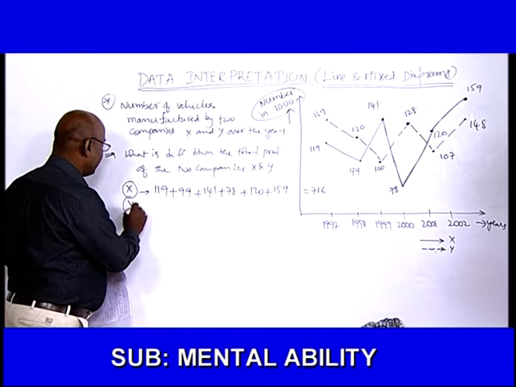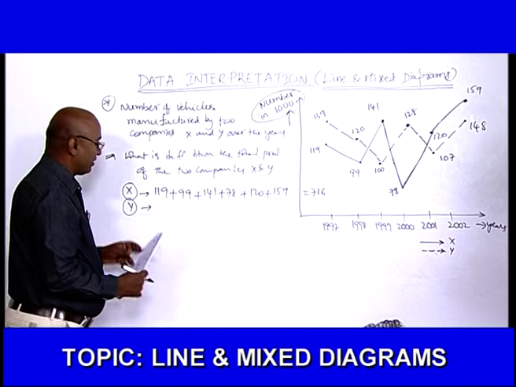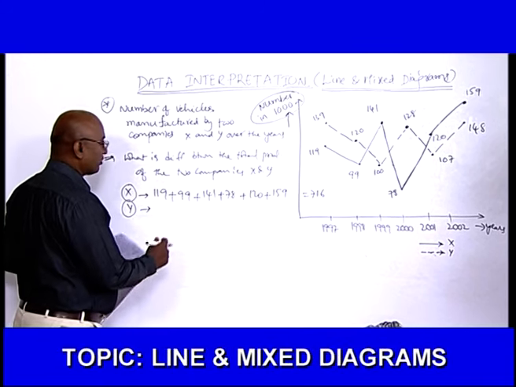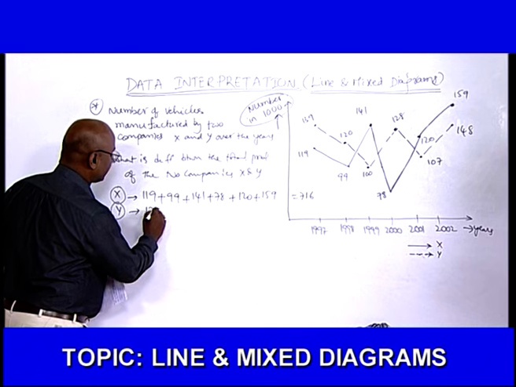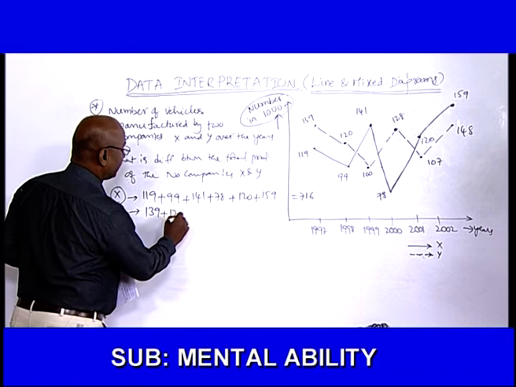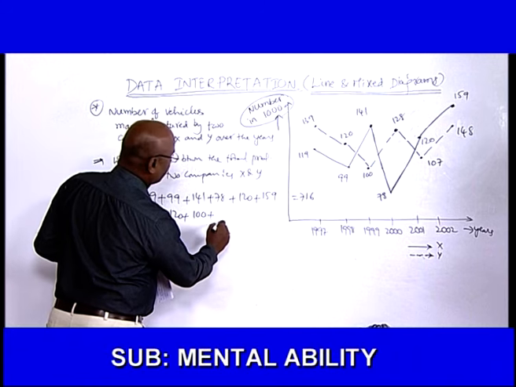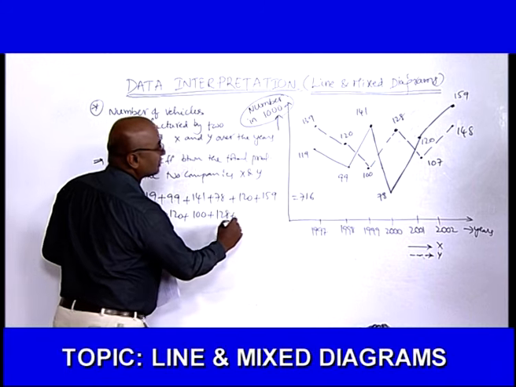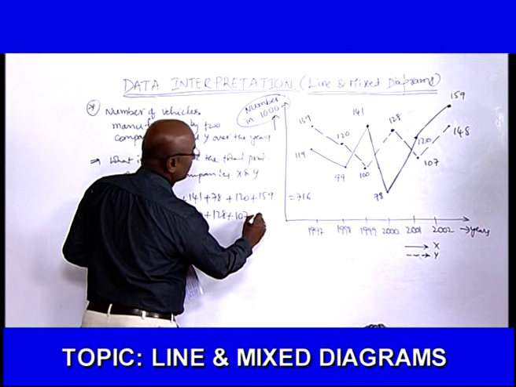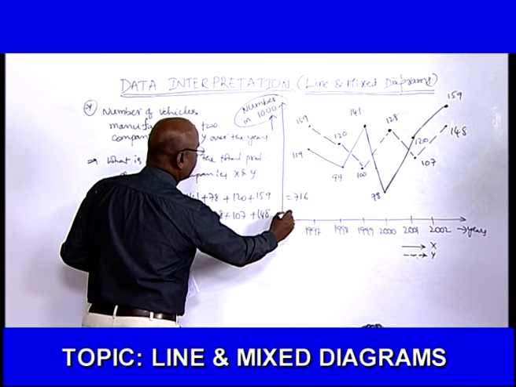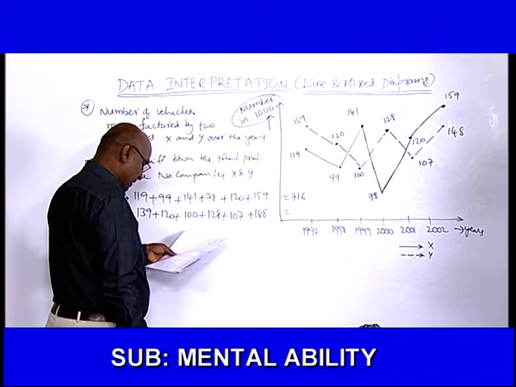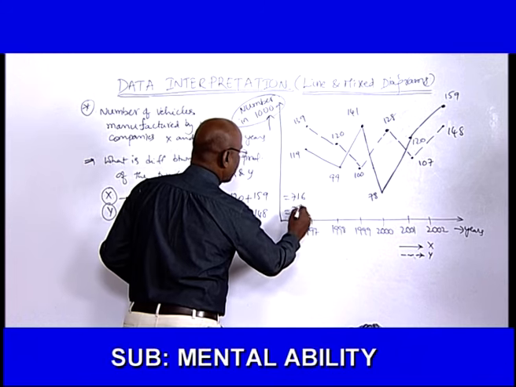Similarly, in the production by the company Y అనే కంపెనీ ఎన్ని ఉత్పత్తి చేసిందంటే 139 plus 120 plus 100 plus 128 plus 107 plus 148. వీటి యొక్క ఉత్పత్తుల్లో మొత్తం వచ్చి 742.